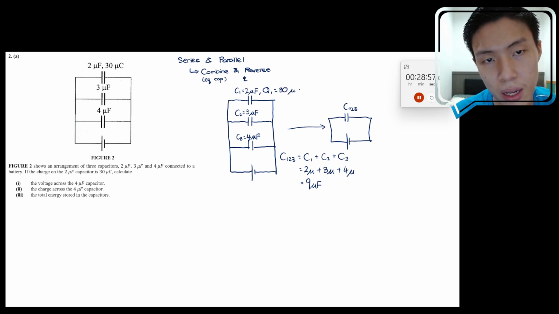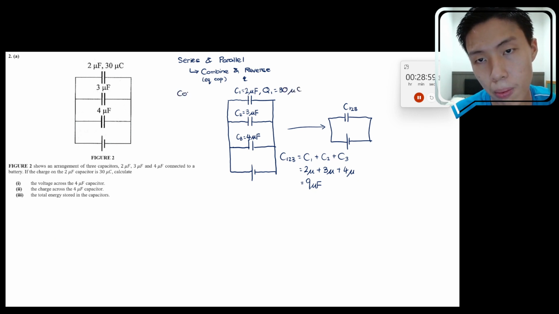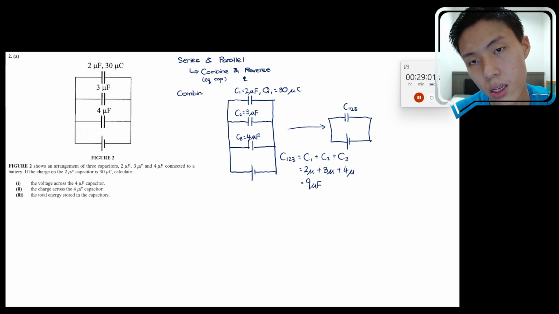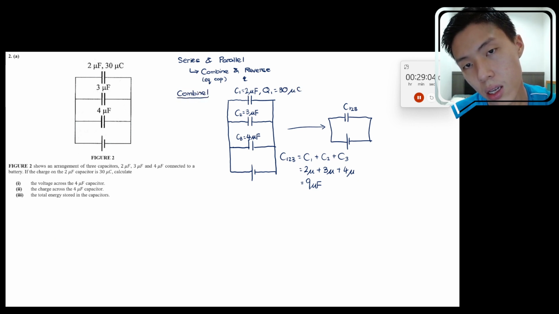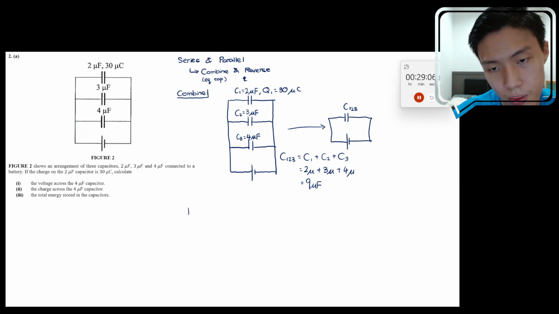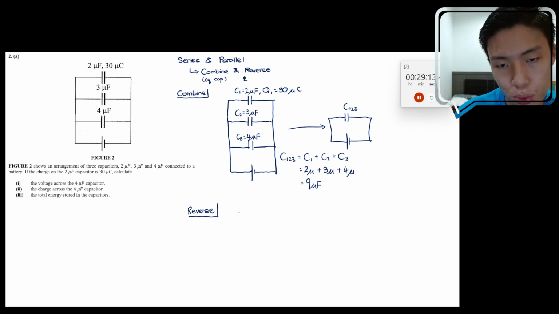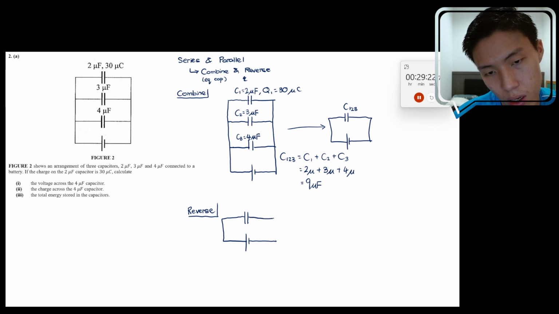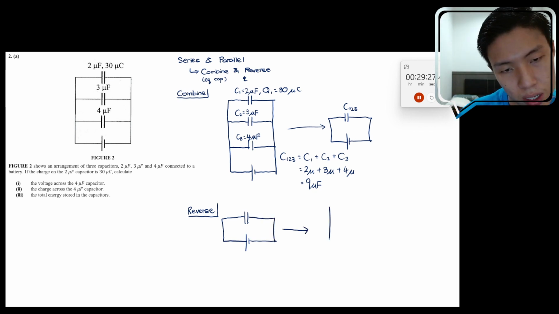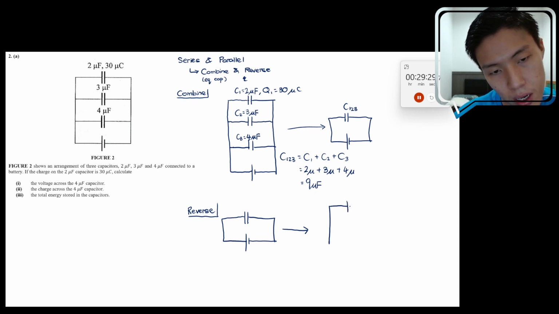Okay, now we are done with step 1. This is called combine. Now we move on to reverse. So how does reverse work? We move from the last diagram, the rightmost diagram, and reverse back towards the leftmost diagram.